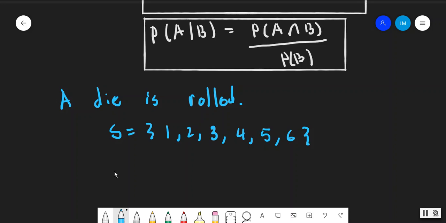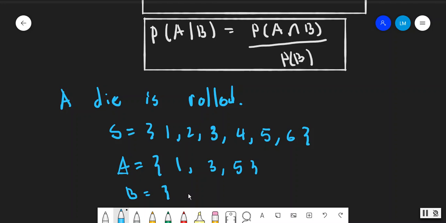However, let's say that A is the event that an odd number is rolled. So that's going to be 1, 3, and 5. But let's say that B is the event that a 3 is rolled.